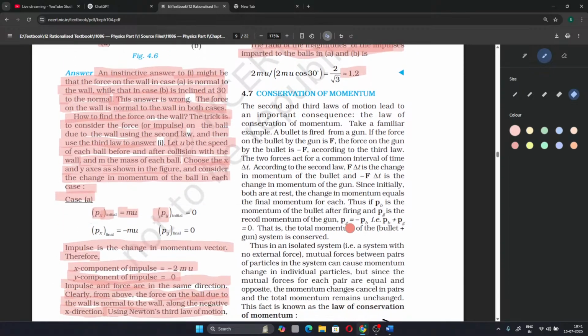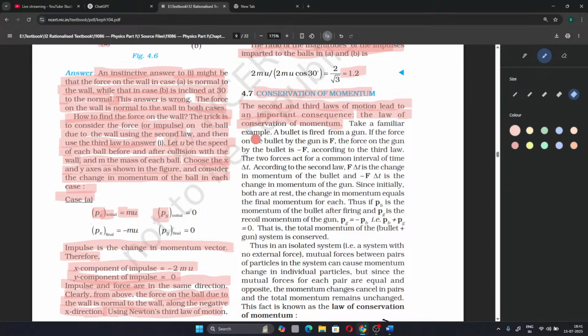That's the sum here. Now let's go to the next main topic after the third law, that is conservation of momentum. The second and third laws of motion lead to an important consequence, the law of conservation of momentum.